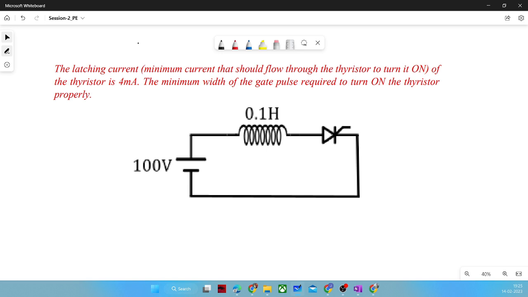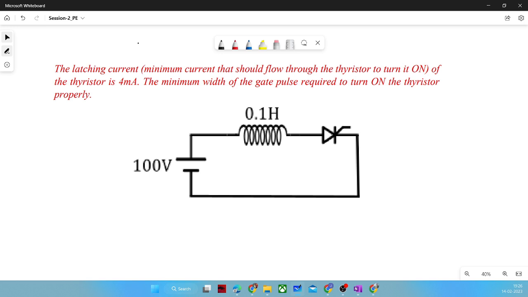the latching current is given in the problem itself. It is the minimum current that should flow through the thyristor to turn it on. There are two terms: latching current and holding current. The holding current is the current during the off state when we are going to turn off the thyristor.